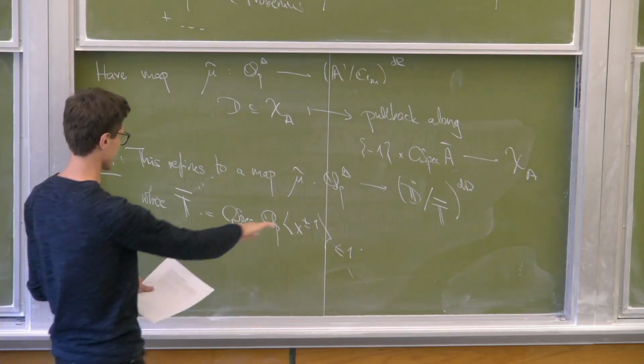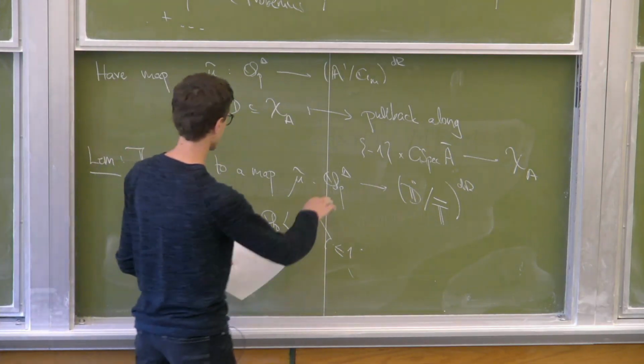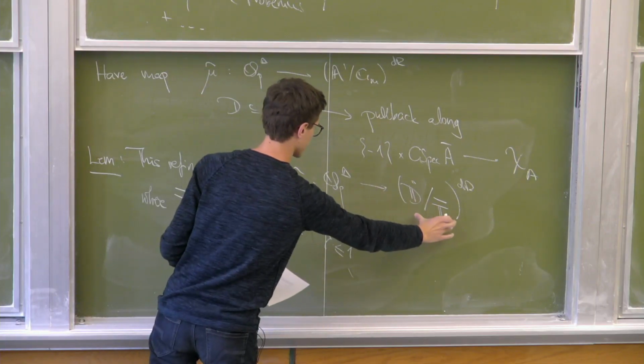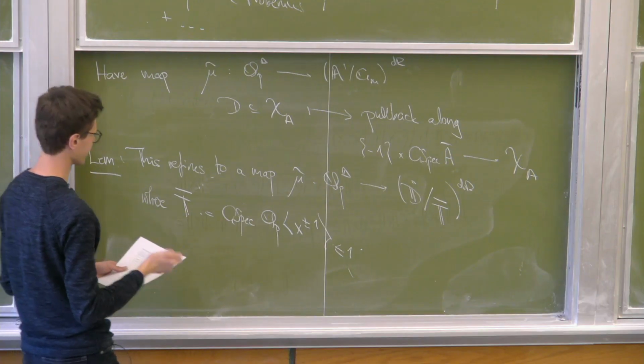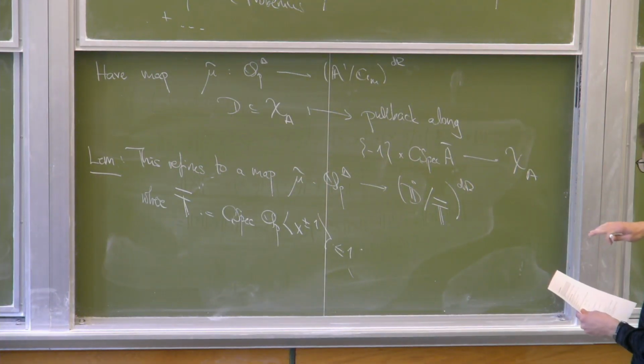And this acts on the open disk by multiplication, and I claim that this map lifts along the natural map from here to here. And maybe I don't want to give the proof, but just want to say what this means.